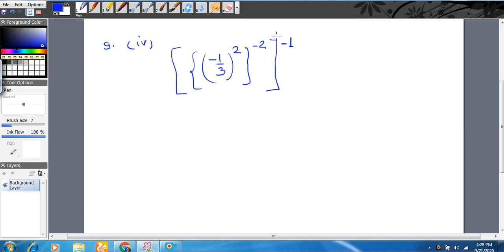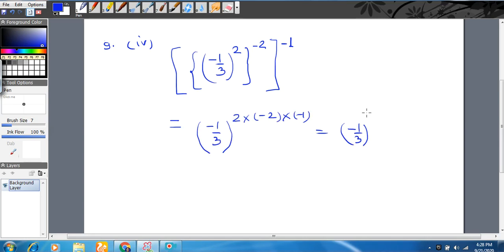So the best way to solve this question is, if we have a base and we are applying the exponent stepwise to the exponents, just multiply all the exponents. So here we keep the base as it is, multiply all the exponents, 2 into minus 2 into minus 1, and it is converted into a very simpler form.